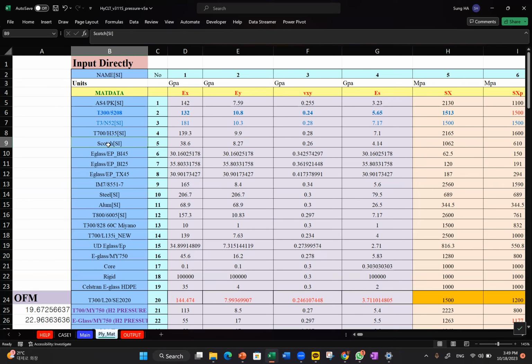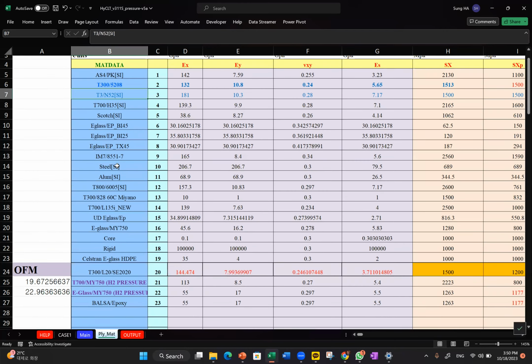So Scotch represents the glass epoxy, and also E-glass and some others. You can actually define your own. IM7 is the carbon fiber with 8551. So if you have your own composites made from some fiber and resin system, you can have your own.